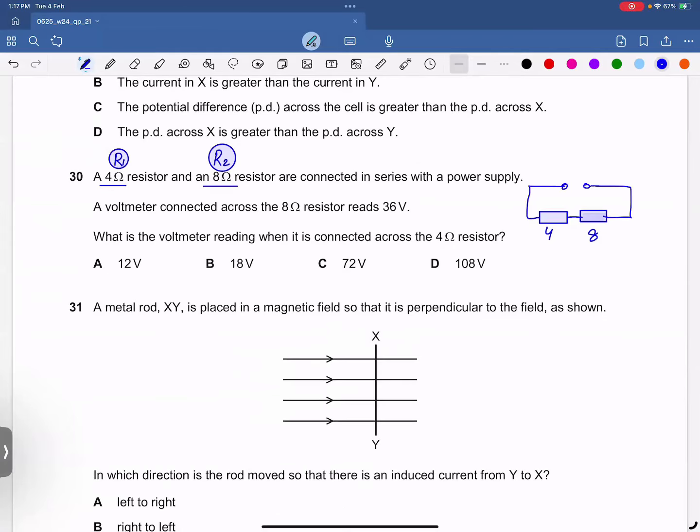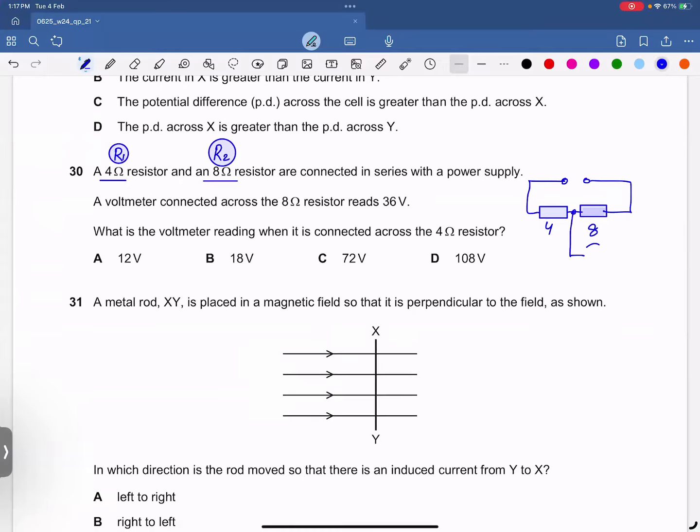Here is a power supply. A voltmeter is across the 8 ohms. Here there is a voltmeter. And this reads 36 volts. What is the voltmeter reading for the other one?